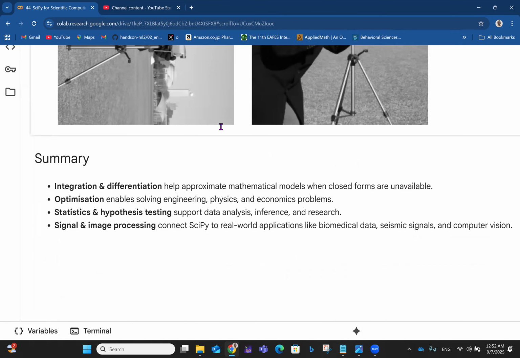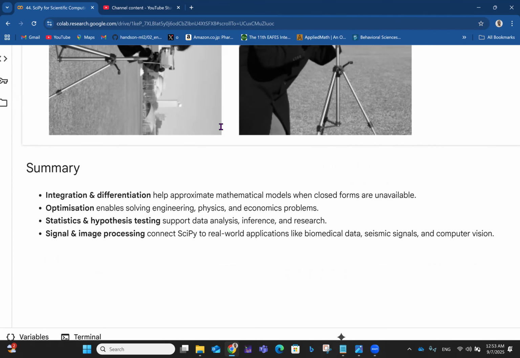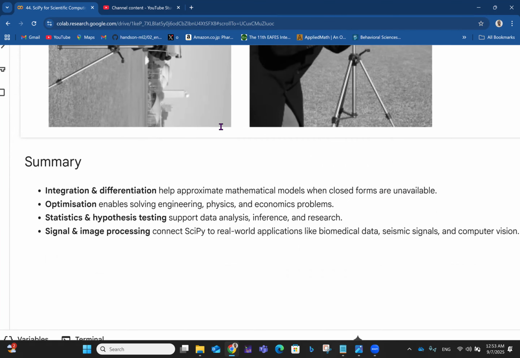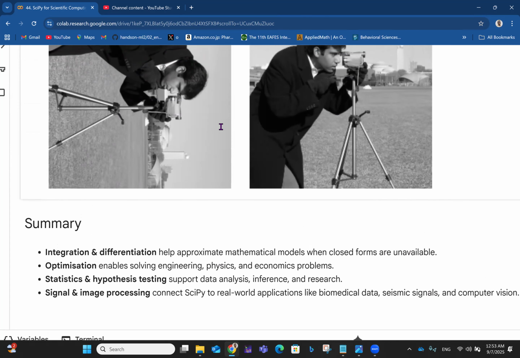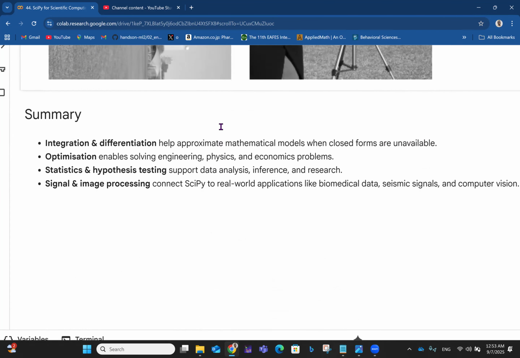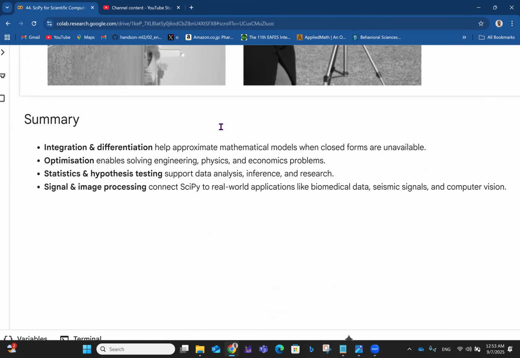So in summary, we see that we can use SciPy for integration and differentiation, which help approximate mathematical models when closed forms are unavailable. We also have optimization, which enables solving engineering, physics, and economics problems. We have statistics and hypothesis testing, which support data analysis, inference, and research.